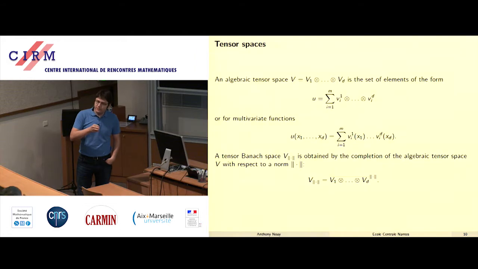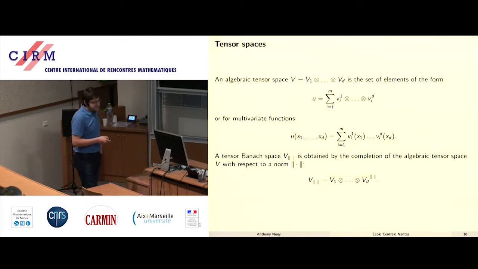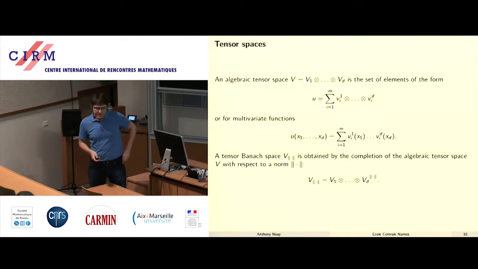I would say functional analysis and numerical analysis in the case of higher order tensor space like this. And I recommend you the book of Wolfgang Hackbusch on this topic, which is a quite recent book, from 2009. Okay. And it's a quite complete functional analysis on these tensor spaces.